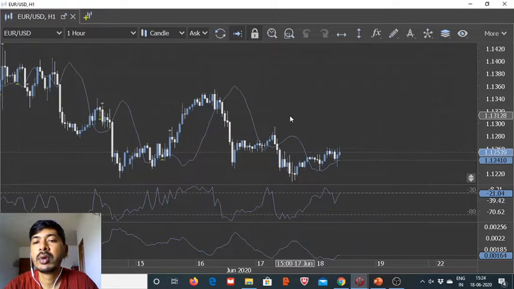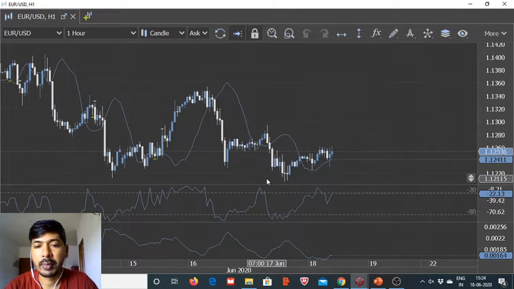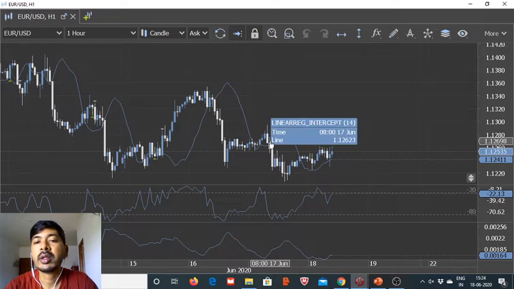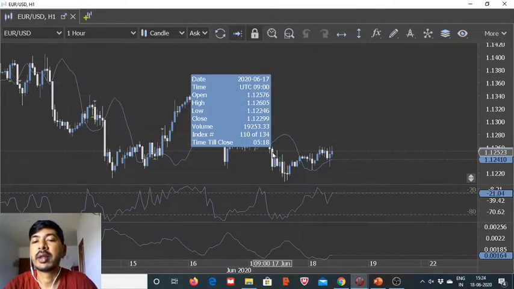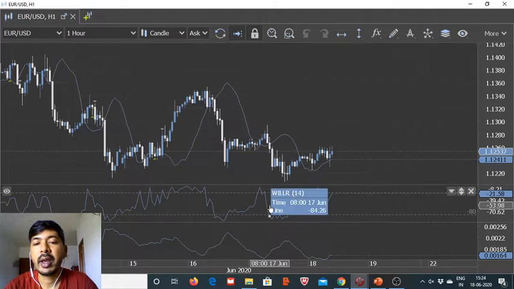So now if the sell trade is going to happen, as you can see here we have this linear regression intercept giving way, and now the price action has moved to the lower side, and Williams R has also entered into oversold territory.